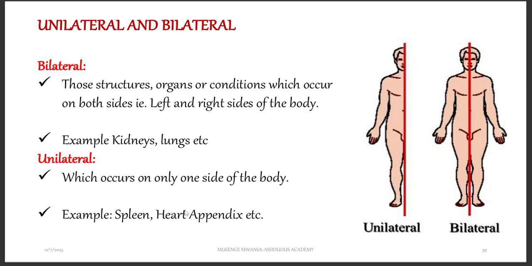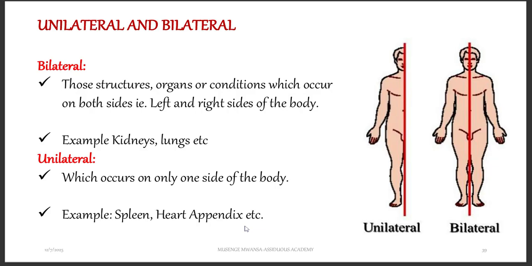For example, the heart is only found on one side, and the heart is mostly on the left side. The spleen is mostly found on only one side and mostly on the left. The appendix is only found on one side and mostly is on the right, except in a condition which is known as situs inversus, where the parts of the body get to shift, or dextrocardia, where the heart instead of being on the left, it goes to the other side.